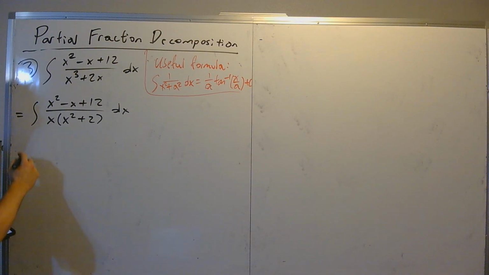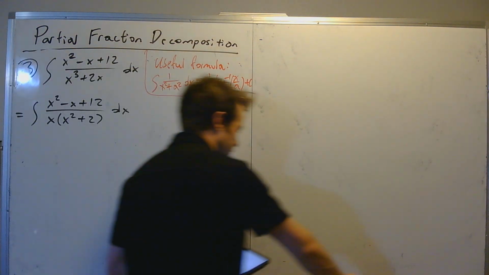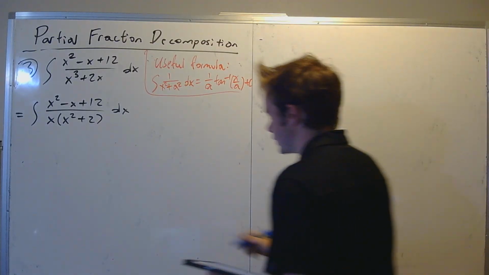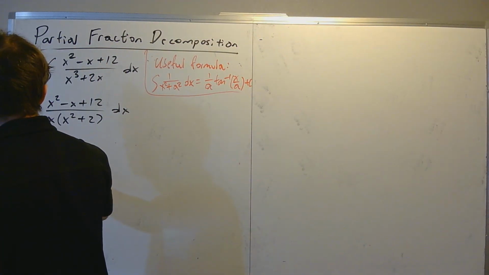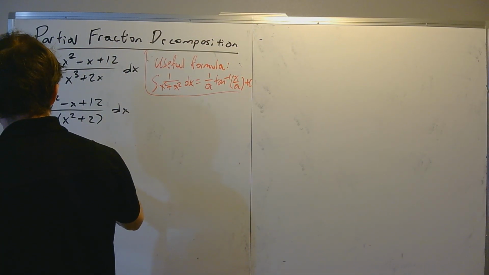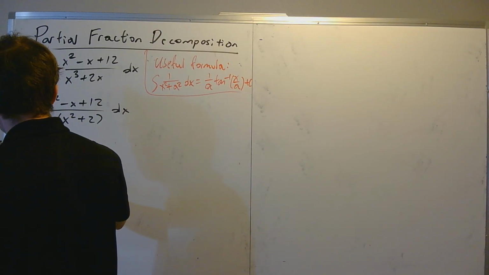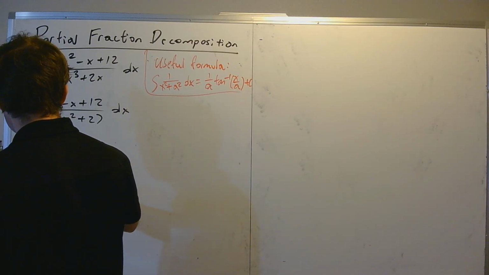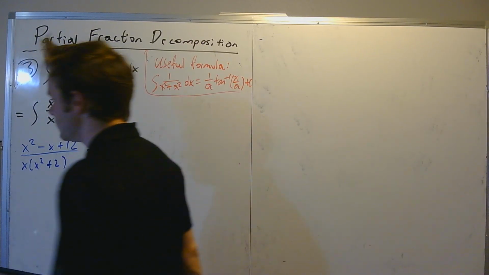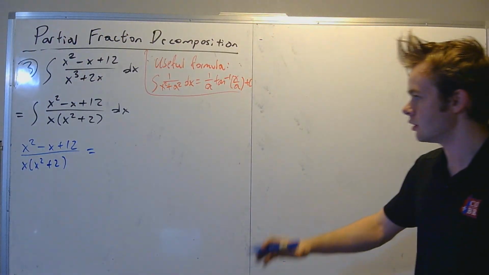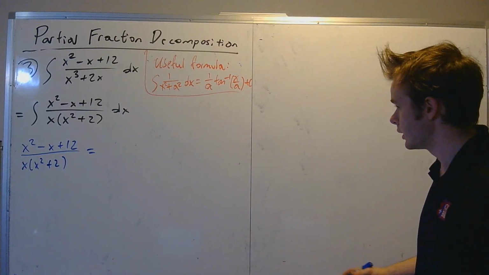So we can say here, let me use a different color, x squared minus x plus 12 over x times x squared plus 2. I want to decompose this into a list of fractions.